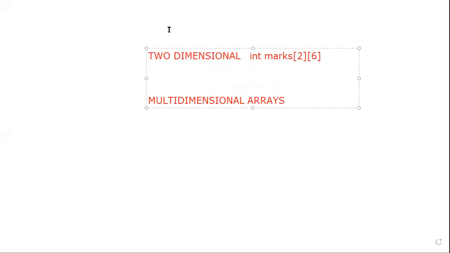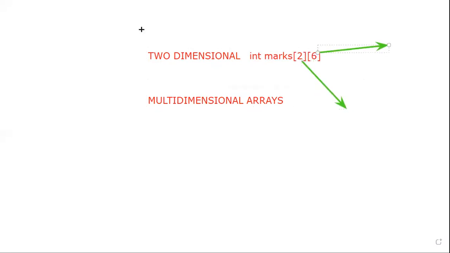These 2 represent rows and these 6 represent columns. If you want to display rows and columns wise, totally how many elements are there? 2 by 6, 2 rows and 6 columns. Two-dimensional array consists of rows and columns.